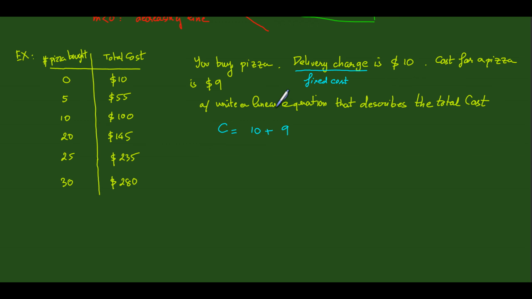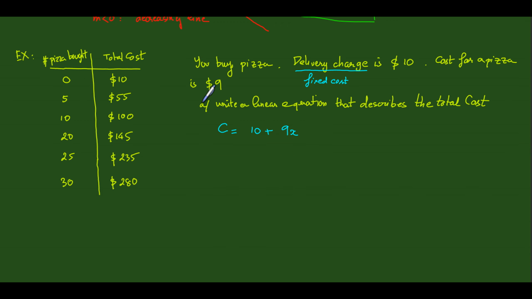So in order to find the total cost, you need to multiply this by the number of pizza you buy. So X represents the number of pizza you buy. So this is the linear equation we want to have right here.